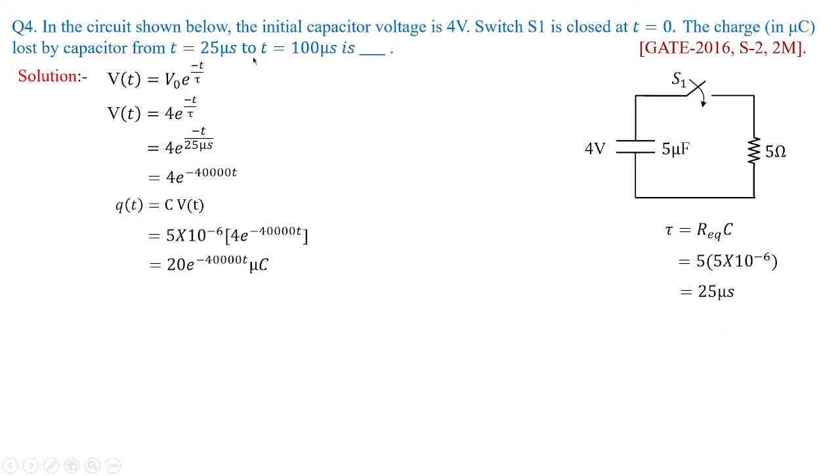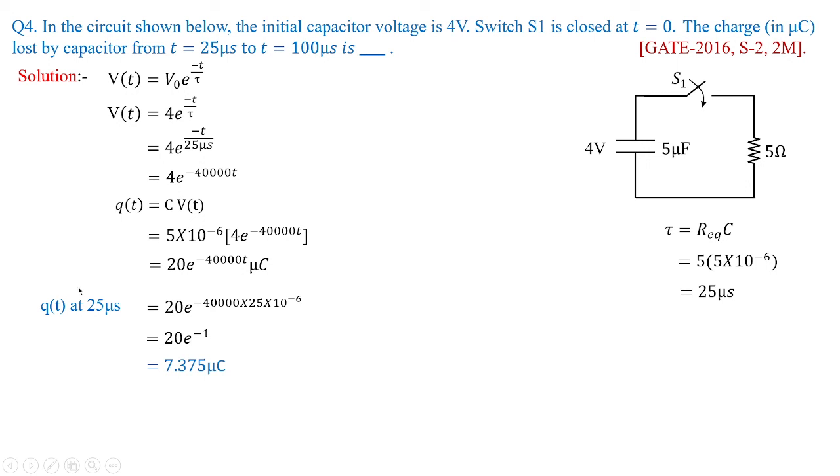Now take the value of t as 25 microseconds. So Q of t at 25 microseconds would be 20 e to the power of minus 40k into 25 into 10 to the power of minus 6. So this becomes 20 e to the power of minus 1. In fact, 7.375 microcoulombs. So this is the value of Q of t at 25 microseconds.